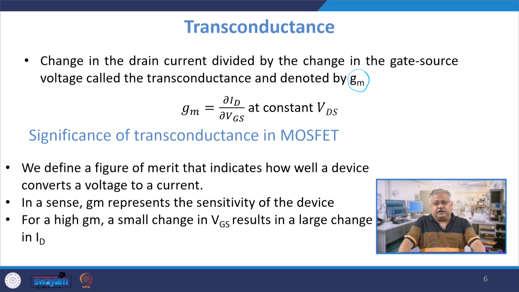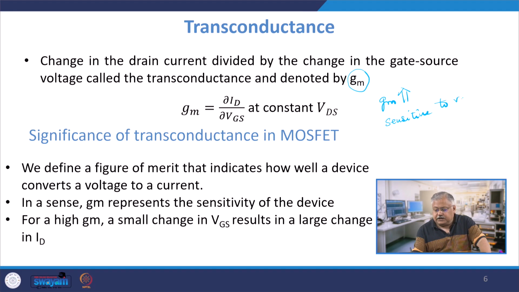Now this is quite interesting and tells you two important points. First, let's deep dive into it. If my GM value is relatively large, it effectively means that for a small VGS change, I get a much larger change in the value of ID, which means that my device is quite sensitive to variation in VGS.